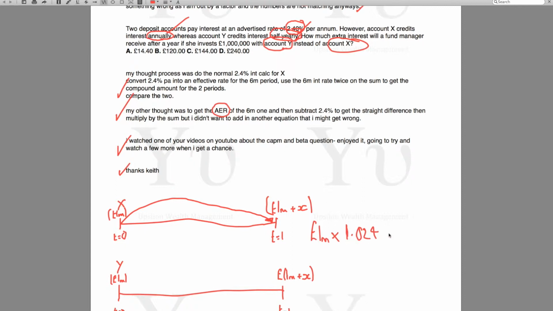Okay, so what does this equal? We have 1 million times 1.024 is equal to 1,024,000. So essentially they're up by 24,000 after 1 year if they invest £1 million into an account that pays 2.4% per annum.